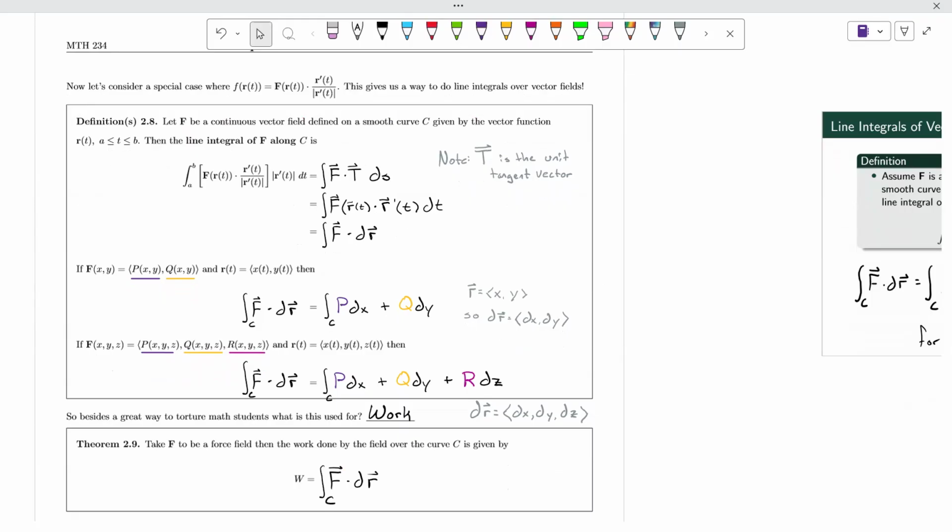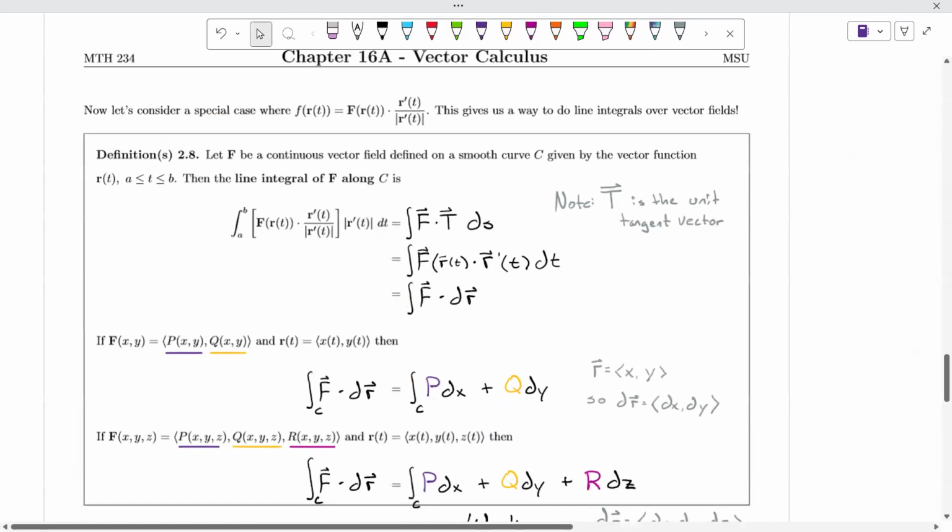If we have a scalar function, we'll be using the previous example, where we convert ds into a scalar multiple times dt. But if we have a vector valued function that we want to integrate, we won't end up needing to calculate that magnitude, because instead we'll just take a dot product of our field with the tangent vector.